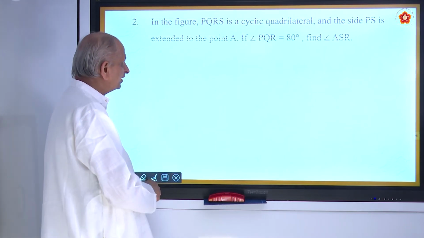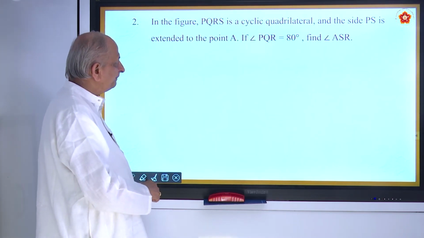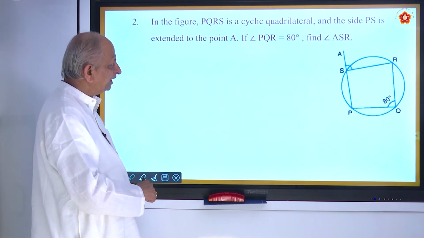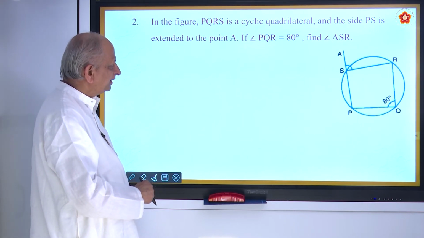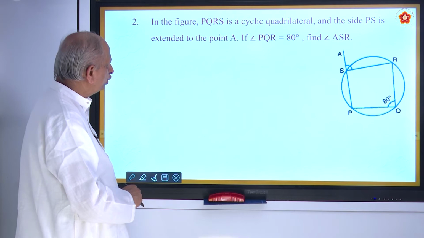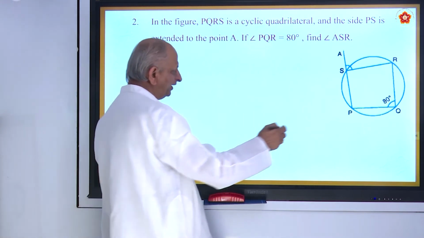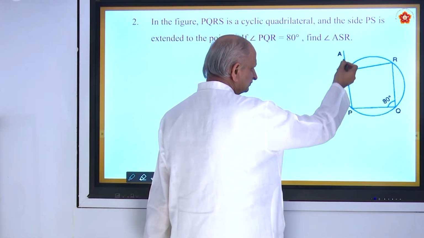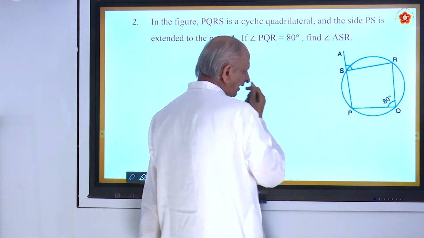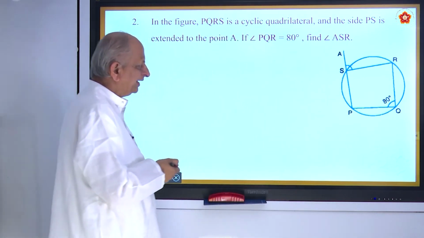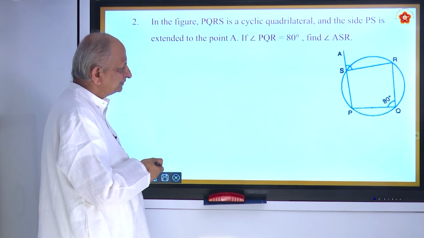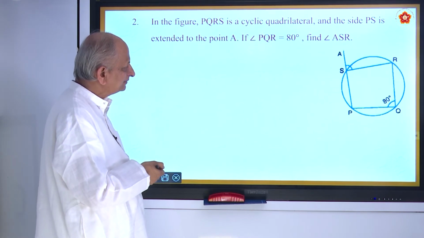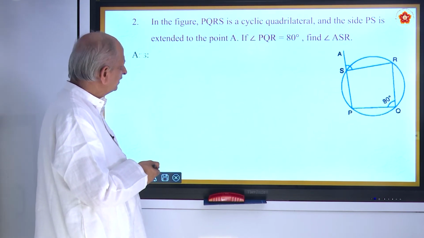Coming to second question. In the figure, PQRS is a cyclic quadrilateral and side PS is produced to a point called A. This is the side PS. What do you call this angle as? That angle is called as external angle.